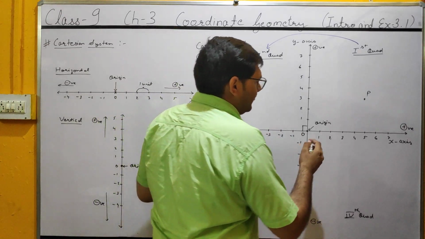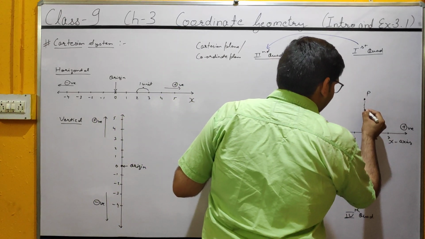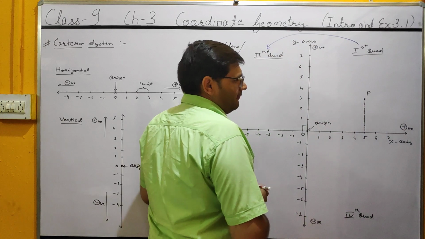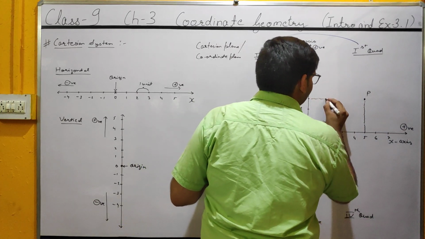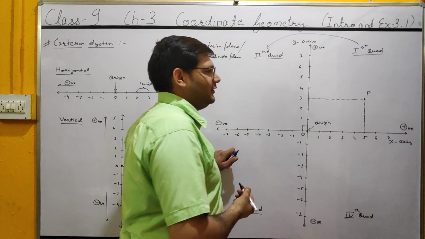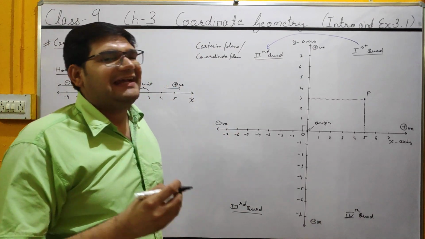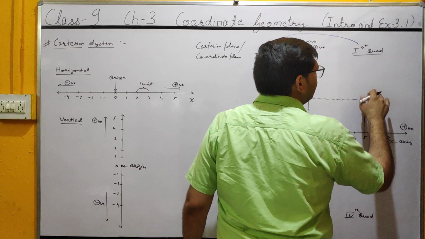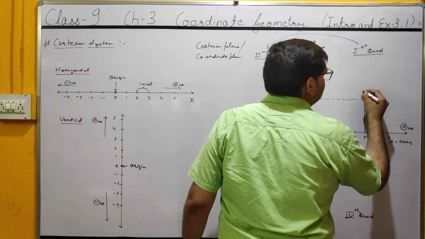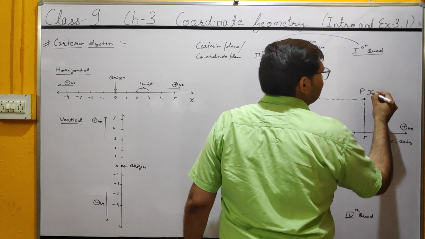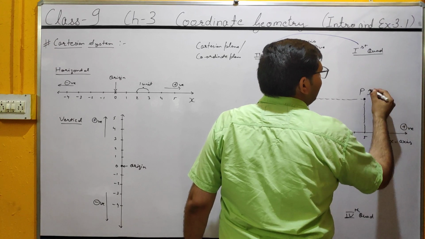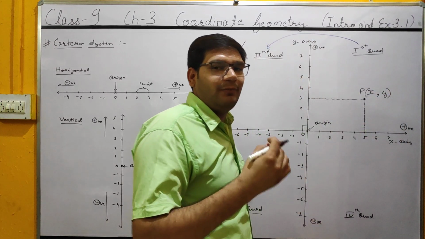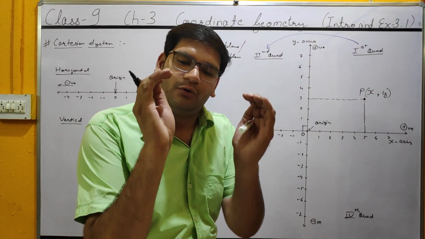First of all, we will check it, 5, and here it is 3. So what is the exact way of writing? First of all, write the coordinate of x-axis and then write y-axis separated by commas, and you have to put them into brackets.